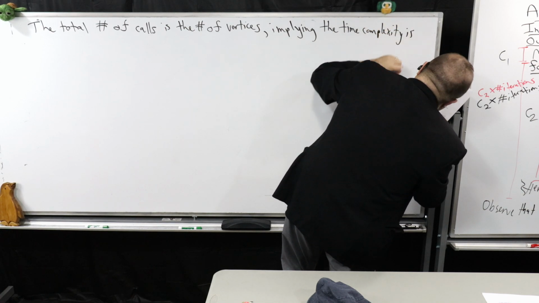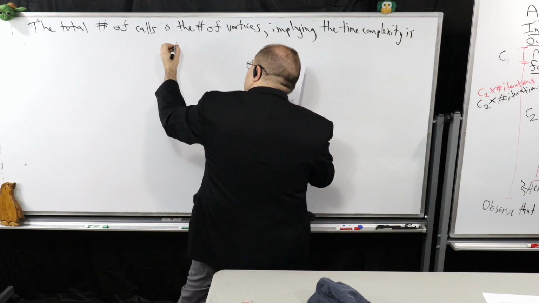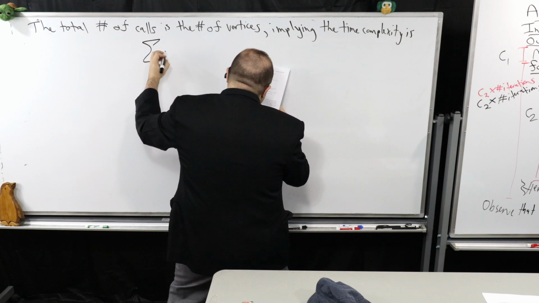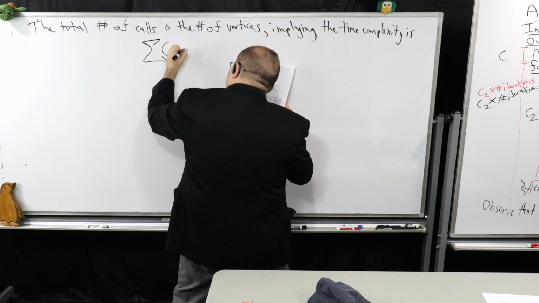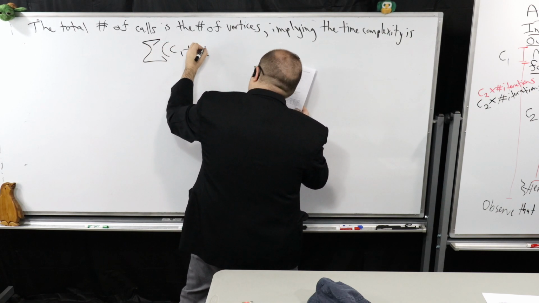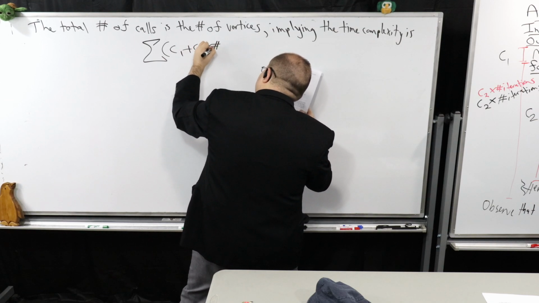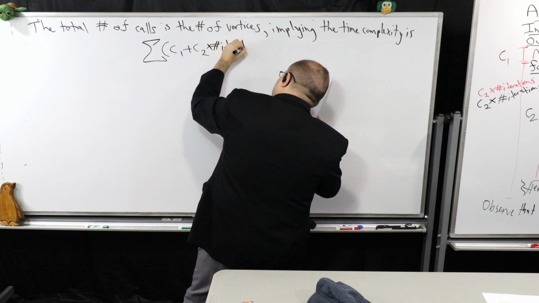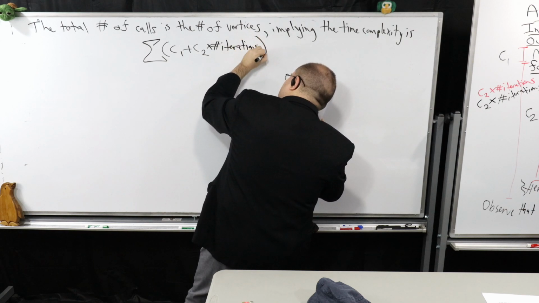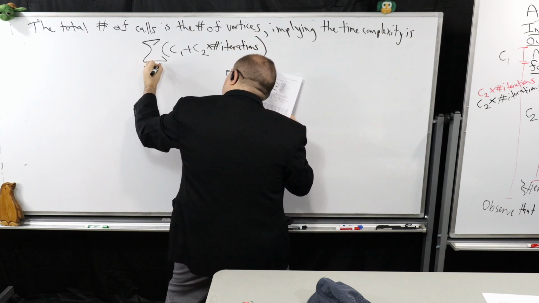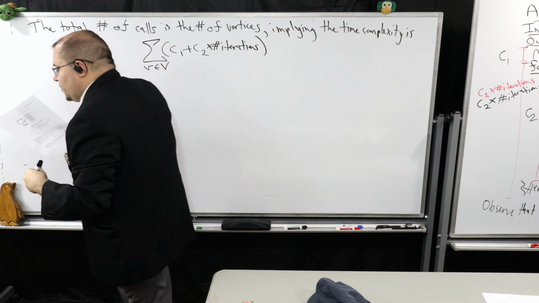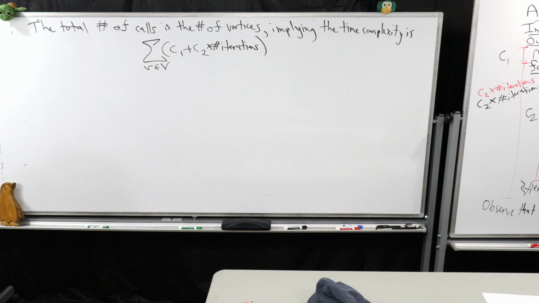The time complexity is the sum of C1 plus C2 times the number of iterations over all of the vertices. So I sum over each of the vertices.